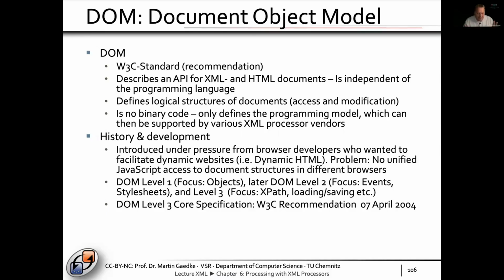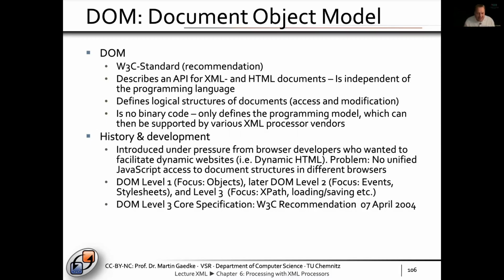So it's a specification which describes the names, signatures, data types, all the structure of an HTML and of an XML document. So its logical form, how you can access certain data types, how you can modify certain data types, without defining it through a specific programming language like Java or C#, but it describes it in a fancy kind of W3C unknown, not existing programming language. It just describes some names.